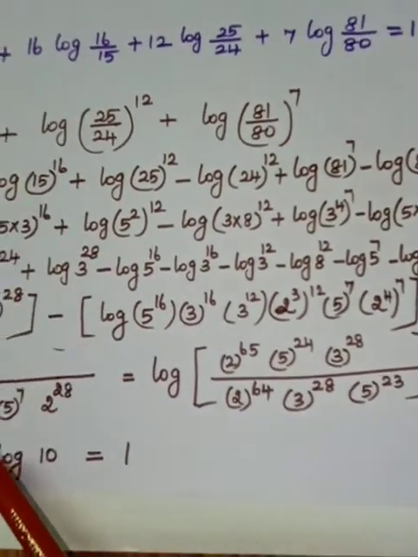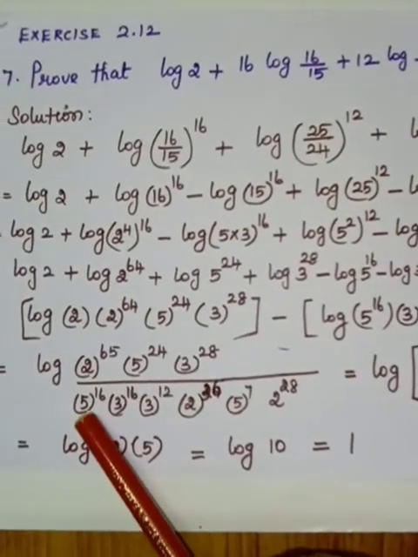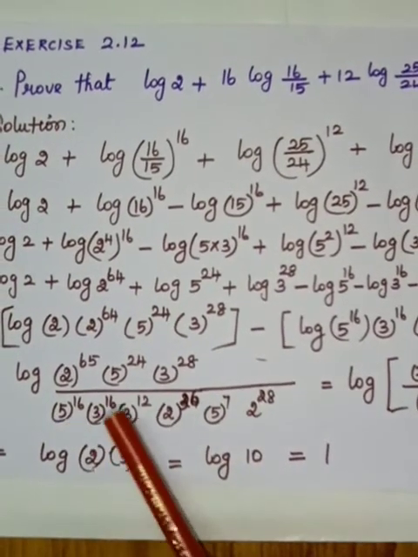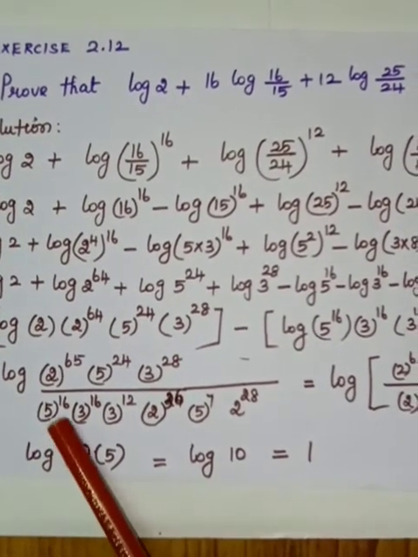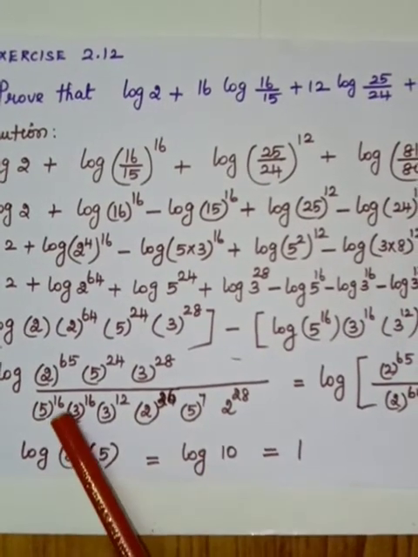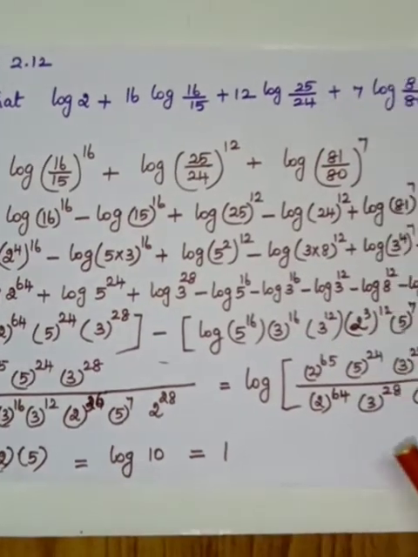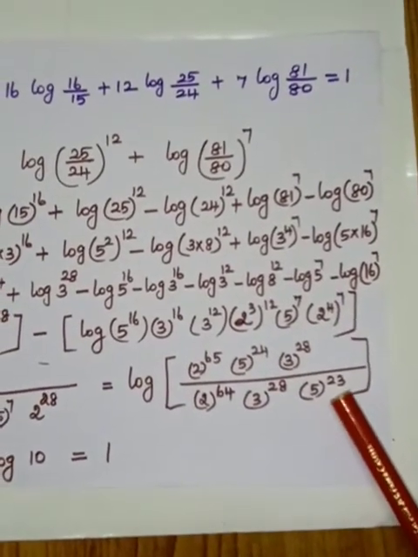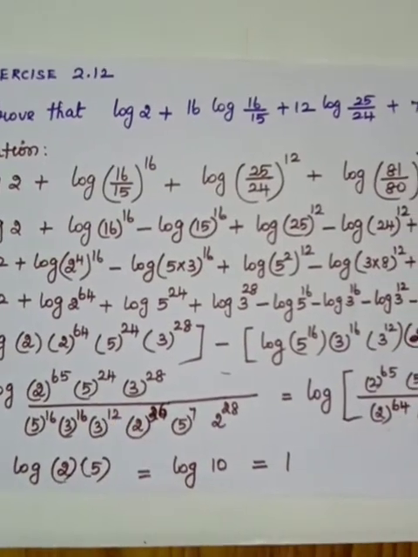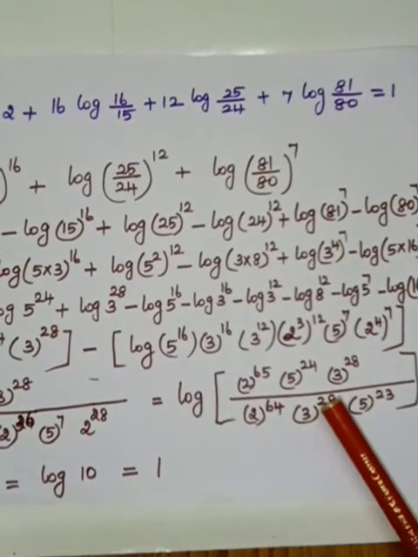When you simplify here, you see that 5 power 16 into 5 power 7. So if you want to multiply these two, you have to add the power because the base are same. So 16 plus 7, that can be written as 23. And see here, 3 power 16, 3 power 12, it can be written as 3 power 28.